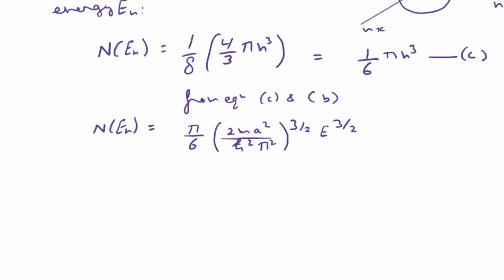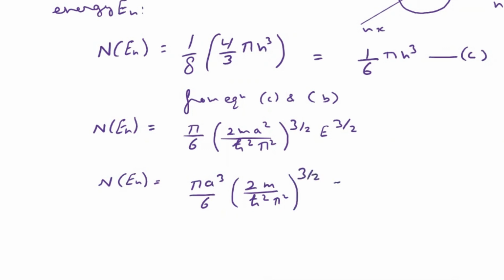So we are writing n of En as pi a cube by 6 times 2m upon h bar square pi square to the power 3/2, times E to the power 3/2. This will be equation D.